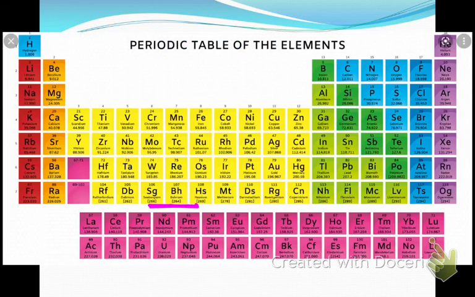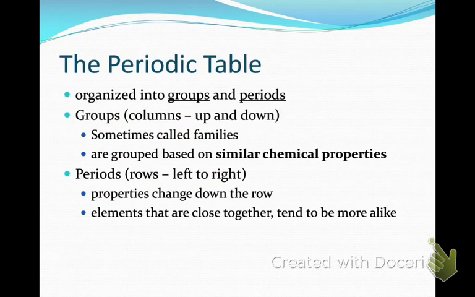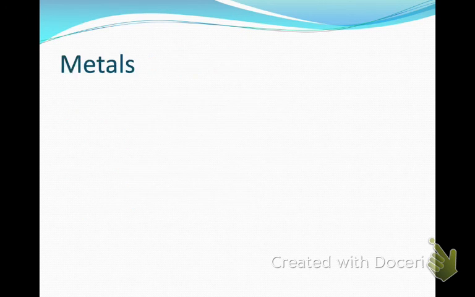So although they're in the same period, lithium behaves very, very differently than neon over here in atomic number 10. So we don't really refer to them that often together, but you do kind of need to know what they are. If they are close together within their row or their period, they do tend to behave similarly. They tend to be more alike, but generally we like to group things in their group, right? In their up and down column.